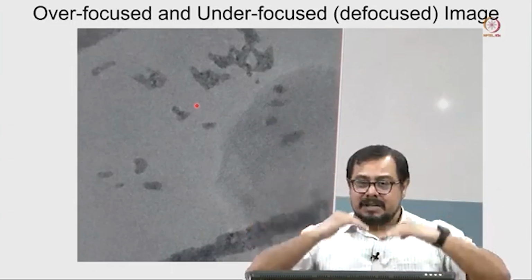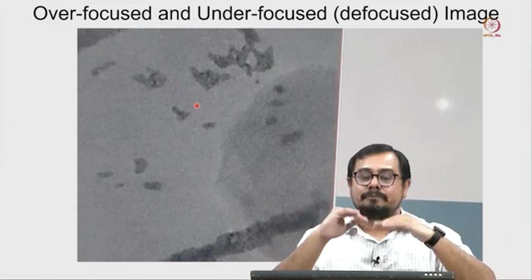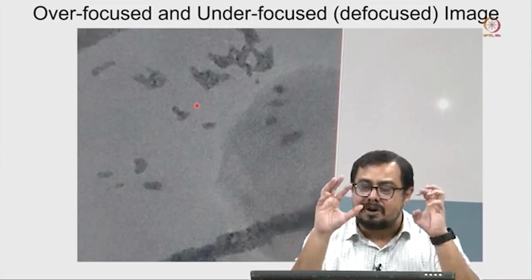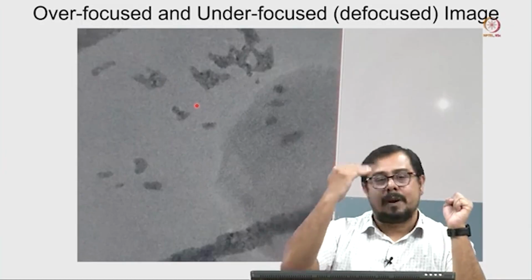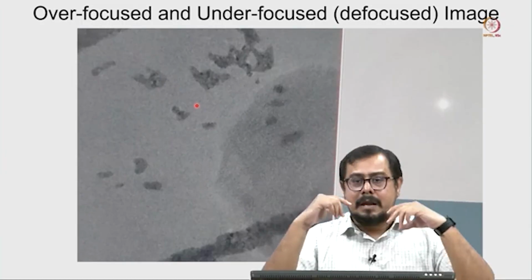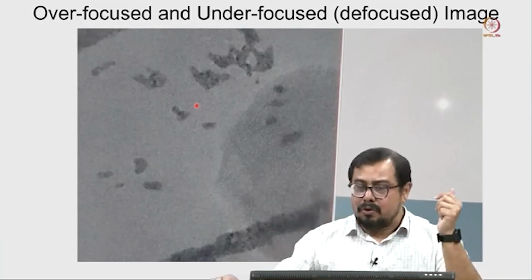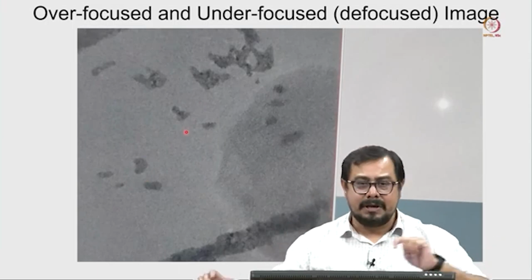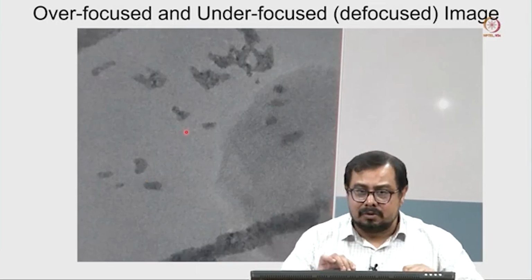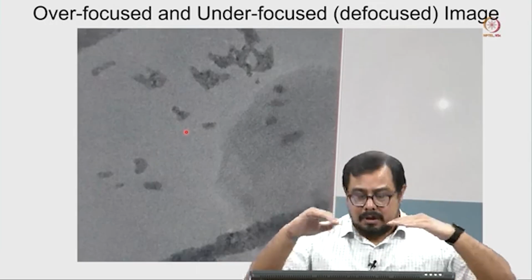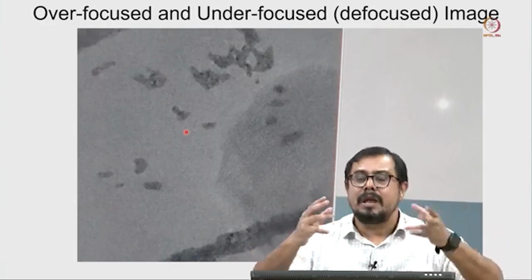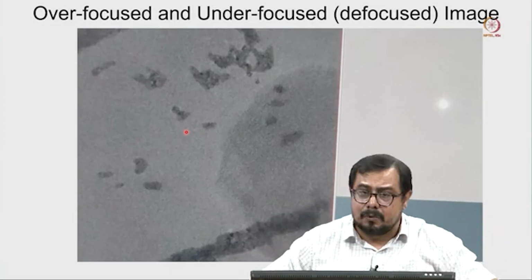So in these three cases, as I mentioned, at focus it will be really difficult to see any object or particle. Underfocused and overfocused images are good, but if you look at those black spots carefully, I will play this video one more time, and you can notice that the overfocused image looks very different than the underfocused image.